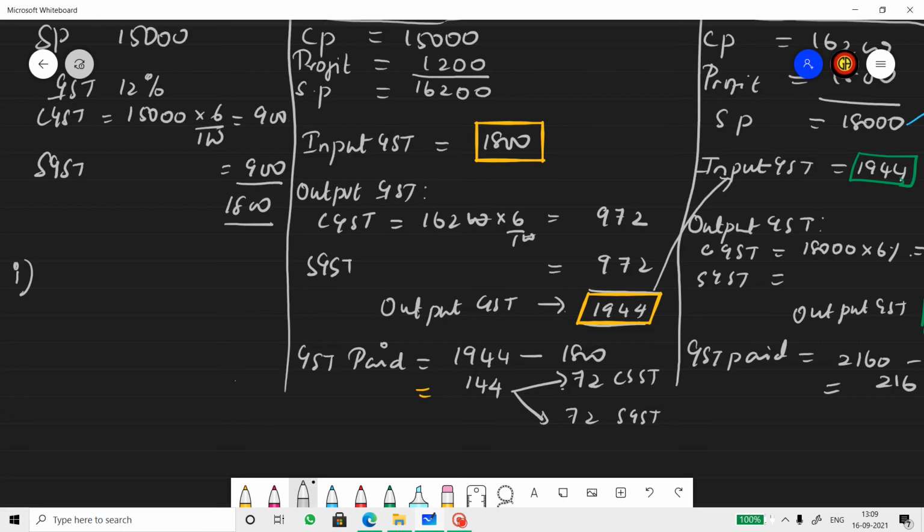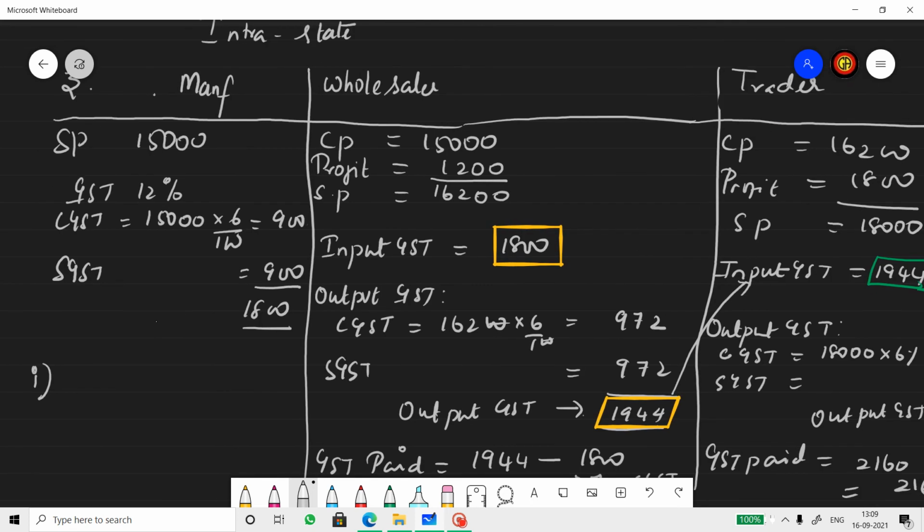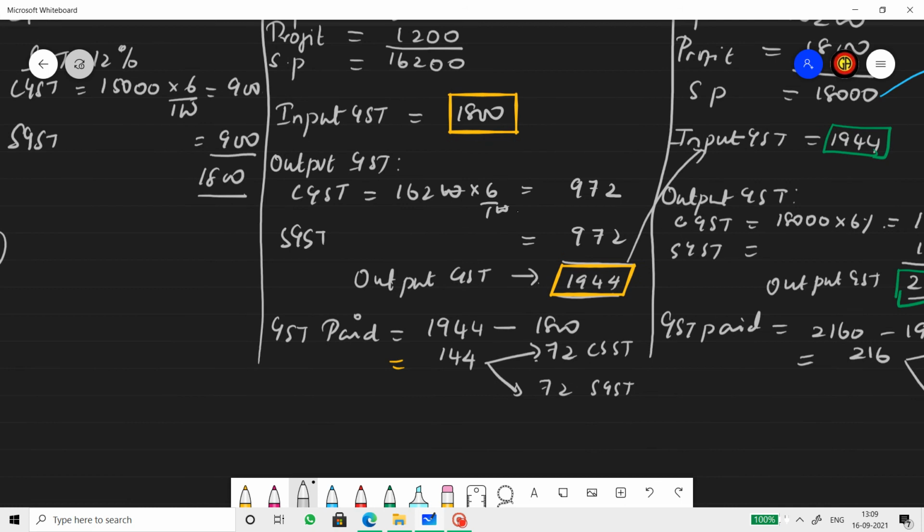So here is the wholesaler. Now, from the wholesaler, the state government is receiving only 72 rupees. So this is the answer for Roman number 1. We have to take it down and write.